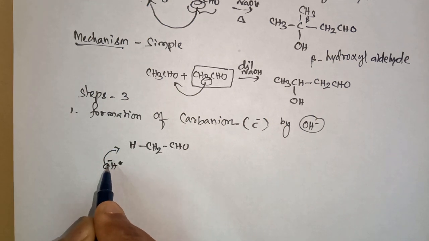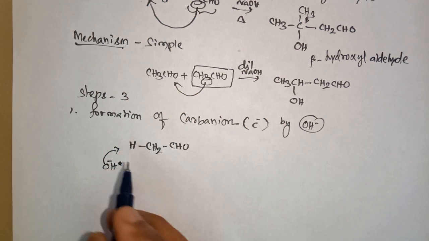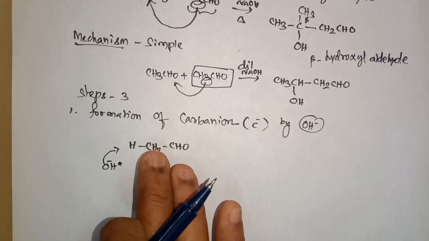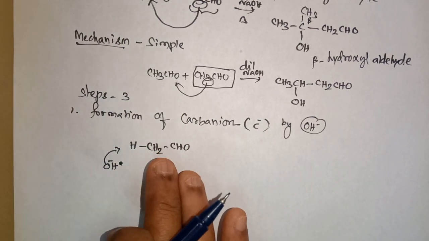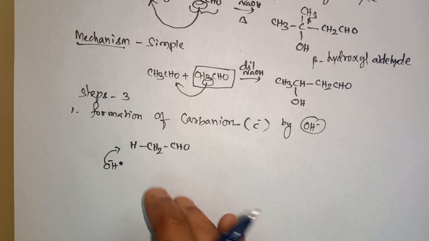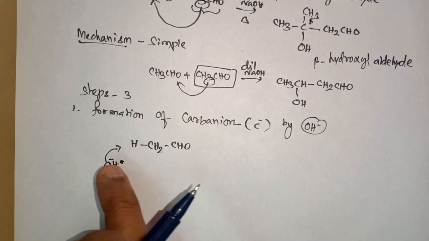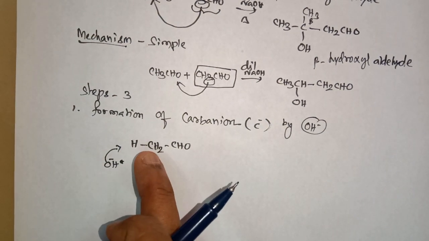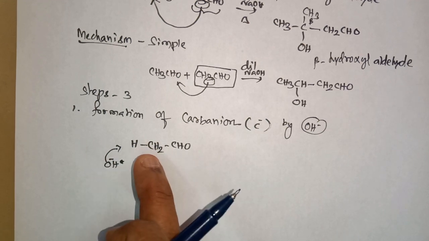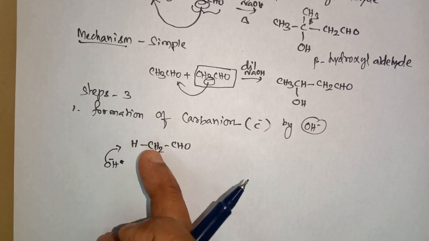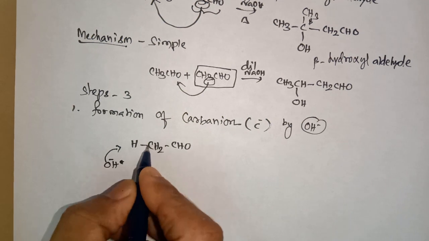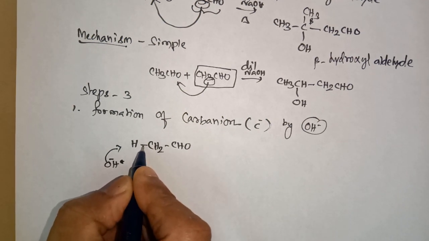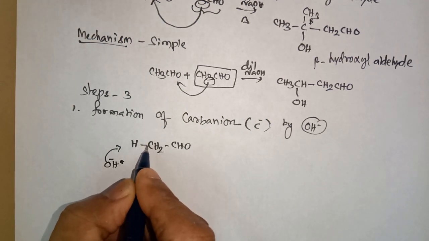This is OH minus. Here the OH minus attacks the acetaldehyde. It attacks the alpha carbon. During this attack, what happens? This alpha hydrogen is released from this molecule as a proton.